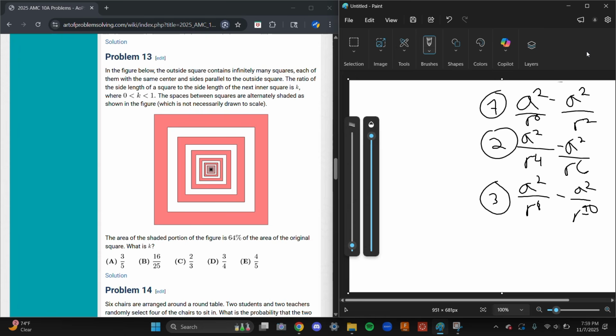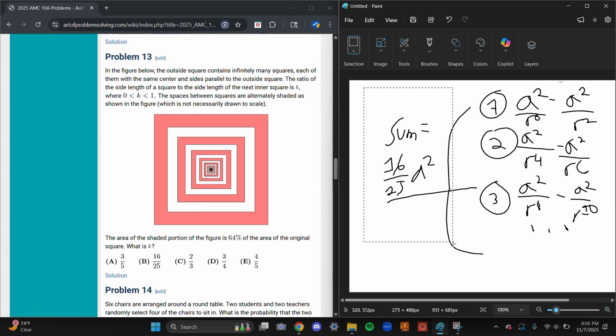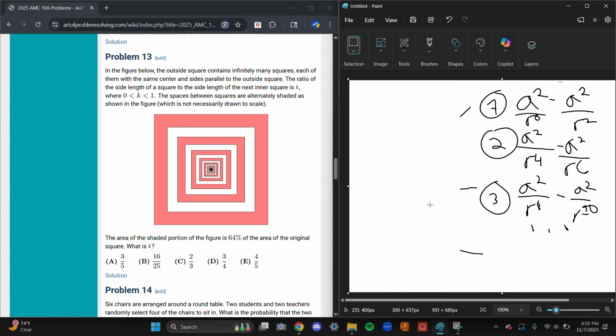So this is going to be an infinite geometric sequence, right? And we know the sum of all of this infinitely many times, this whole sum here, is going to be equal to 64% times A squared. 64% simplifies down to 16 over 25, right? So we can set our infinite geometric sequence formula equal to this quantity. So let's first take all the positive values, anything without the negative sign, and then subtract the negative values.